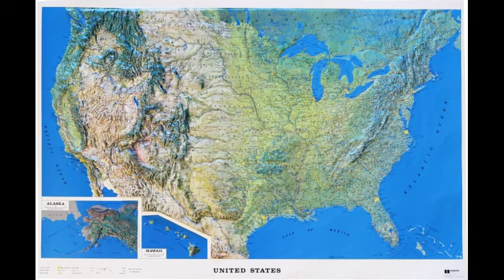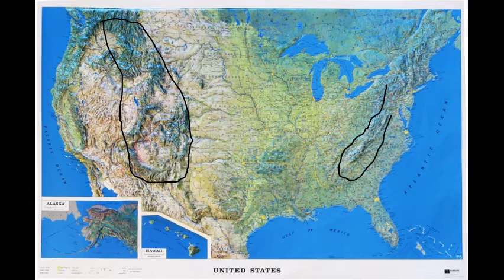So here's a picture of the United States. And I want you to notice something about this in particular, and that is that in this large area here, and in this large area here, we have some mountains, right?